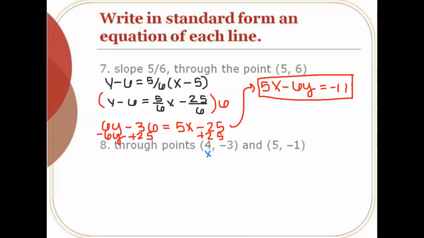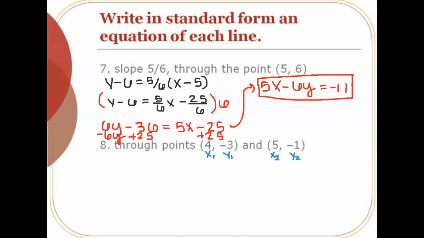Now 8 is a little trickier. In example number 8, I am not given my slope. I'm given 2 points.